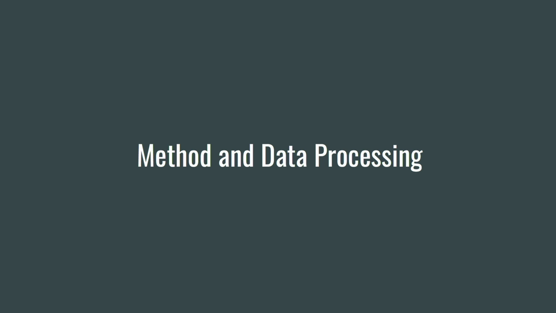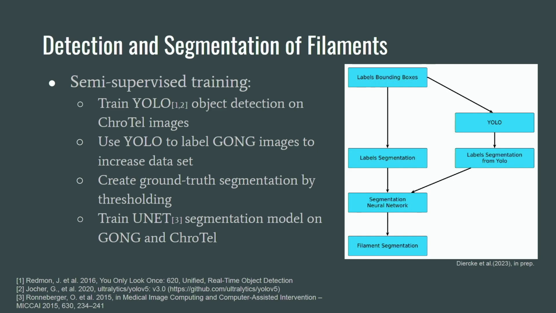The idea of our method is that we label the Crotal data, H-alpha full disk data, by hand, and train with this the YOLO version 5 object detection algorithm on the Crotal images, and then use the trained YOLO object detection network to label GONG data, which increased our data set by a lot.